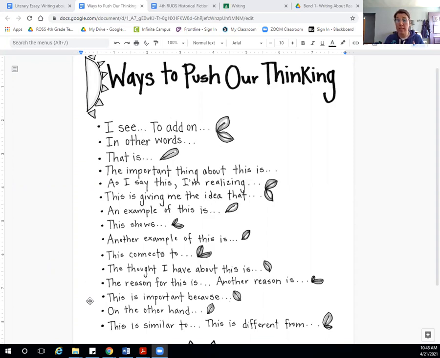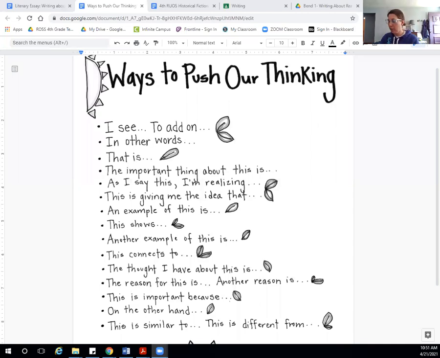What the author is trying to teach you or what you're learning from this book. And then you're using those sentence stems to help you elaborate and tell more details about that. So that way we are really proving what we're thinking by using details in the stories to support that.